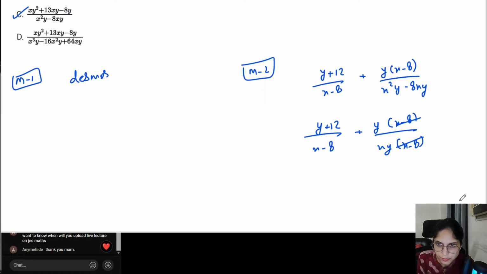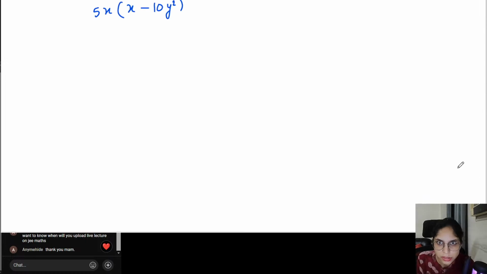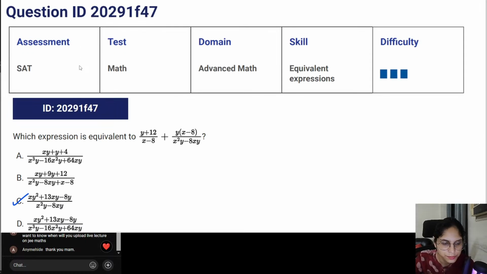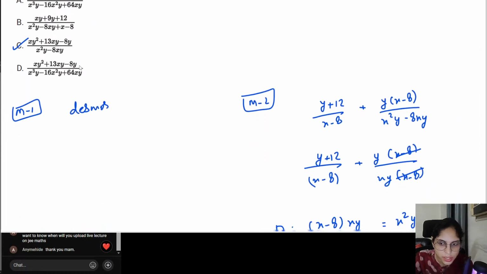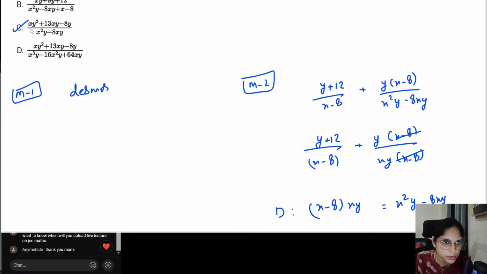Cancels. So you need x minus 8 times xy. This is going to be your denominator. X squared y minus 8xy. See how many options are there? There's only one option with that denominator, so this is C is your answer.